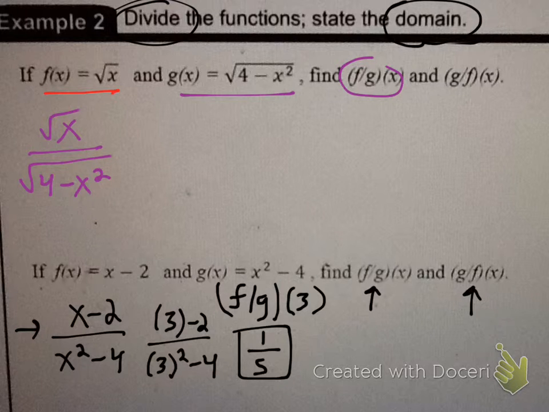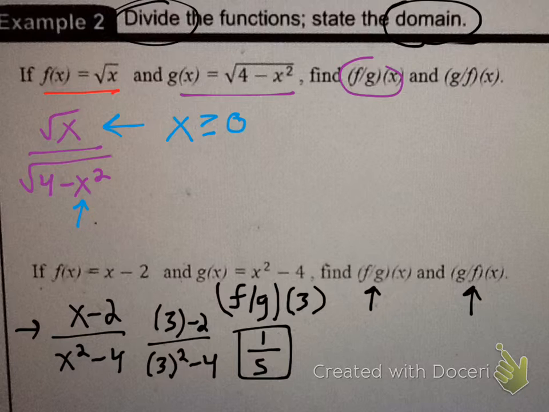Well, I know that x can't be negative. The reason I know x can't be negative is because if it were negative, then that would make that non-real. So x has to be greater than or equal to 0, because it can't be negative. So we also need to look at down here. What would make this negative? Well, 4 minus anything bigger than 4 would give us a negative number.